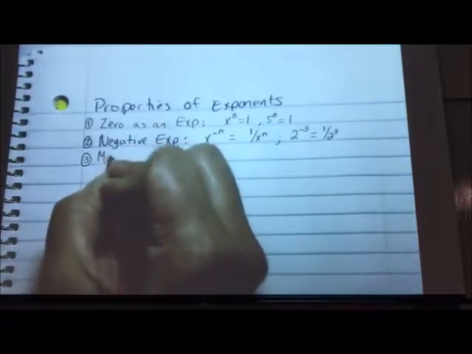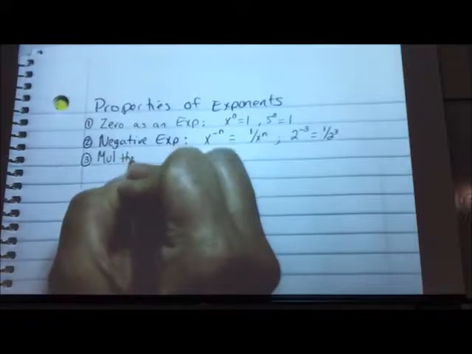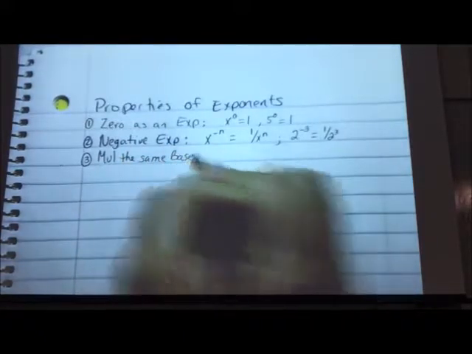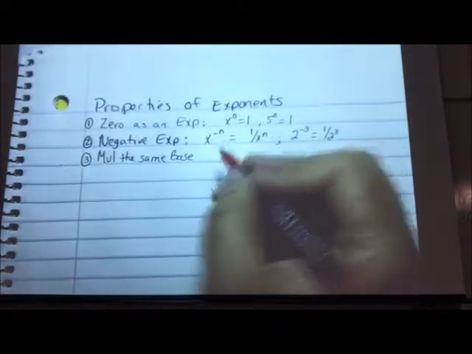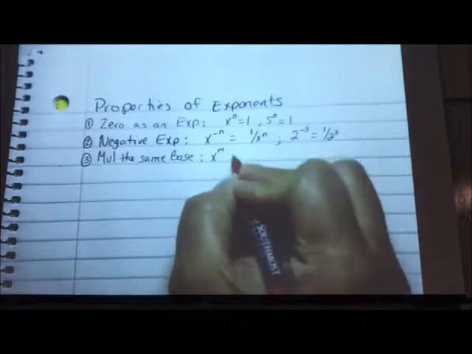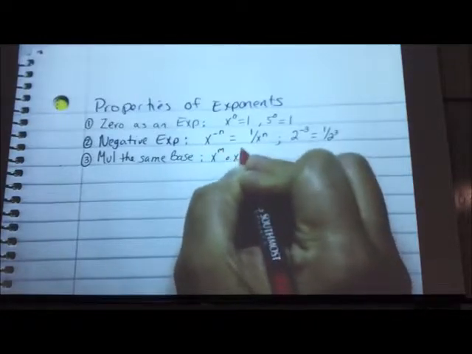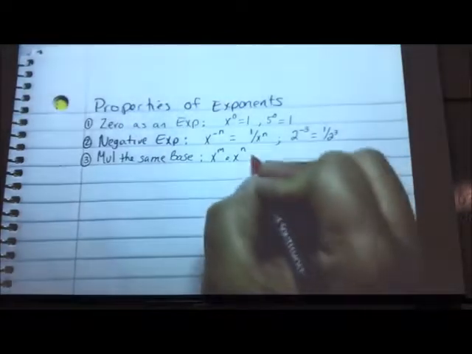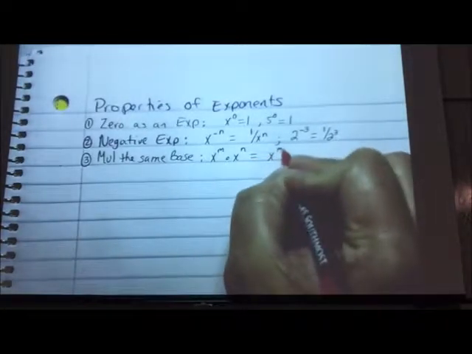When we are multiplying the same base, for example, if I have x^m times x^n, you end up adding your exponents. So this becomes x^(m+n).